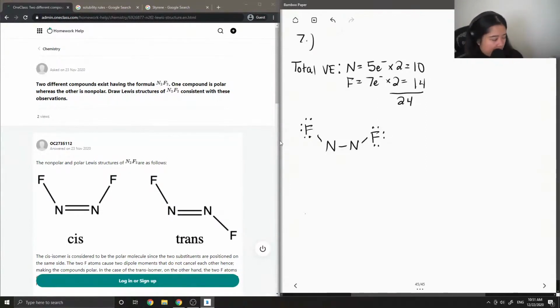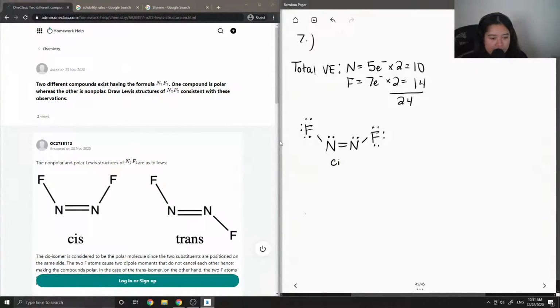So we have 18 drawn in total. So I'm going to draw a double bond in between the 2 nitrogens, so that leaves us with 20. So I need to put 4 more electrons. So each nitrogen atom will have a lone pair. So that gives us the 24 valence electrons that we need.